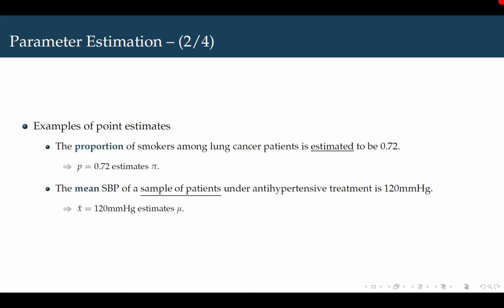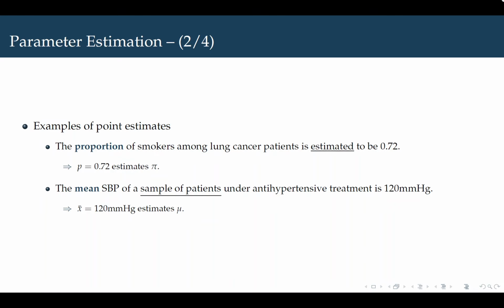So if we go back to the previous slide, now here 0.72 is the sample proportion of smokers, but how close this value is to the actual value of pi is unknown. Similarly, the sample mean 120 is a point estimate for the population mean mu, but how close this 120 is to the population mean is unknown.